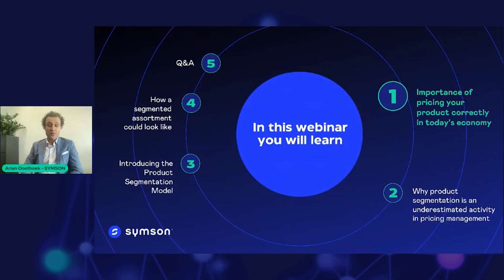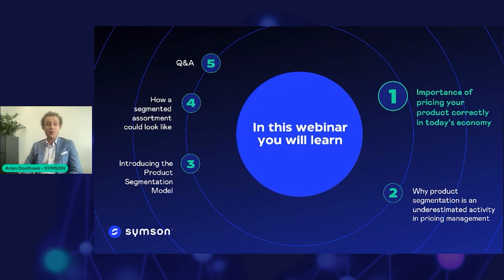In this webinar, we made this agenda. First, we will talk about the importance of pricing in today's economy. Then we will give you an overview of why product segmentation nowadays is an underestimated activity in pricing management. Then I will give the floor to Vincent. He will introduce the product segmentation model. This is the core model we discuss in this presentation. We will discuss it with examples and how-tos.